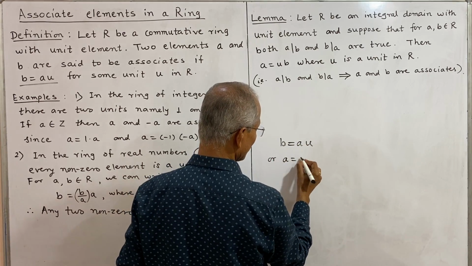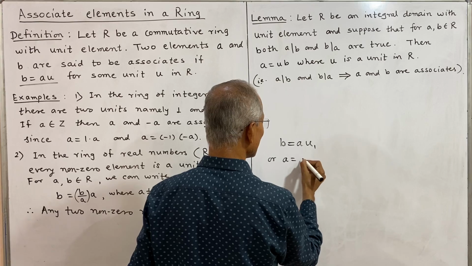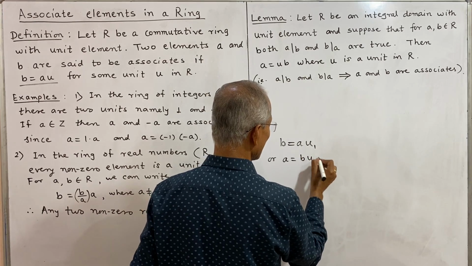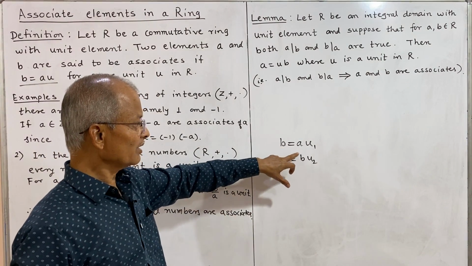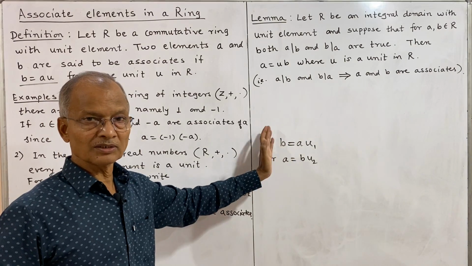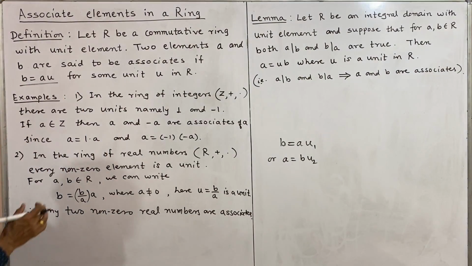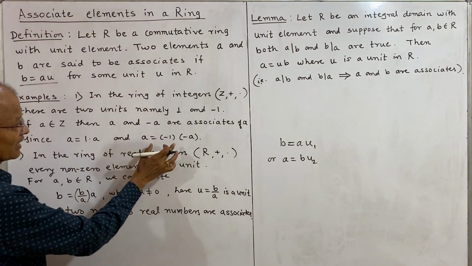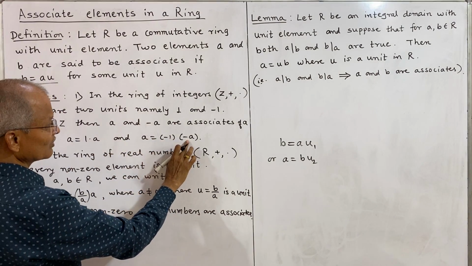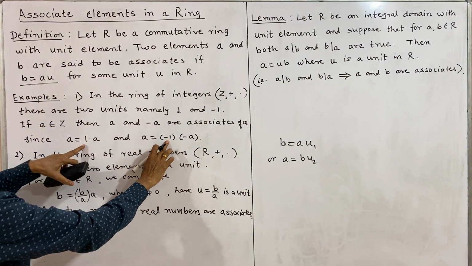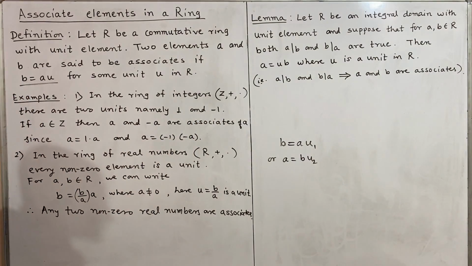A is equal to B into U, which can be considered as U1 and U2, where U1 and U2 are units. And thus these are the two elements which are associates. That means the relation is that A and B are associates of each other. Thus A is an associate of A itself, and A is an associate of negative A, because A can be written as minus 1 into minus A. Here U is minus 1 and here U is 1, because these are the two units in the ring of integers.